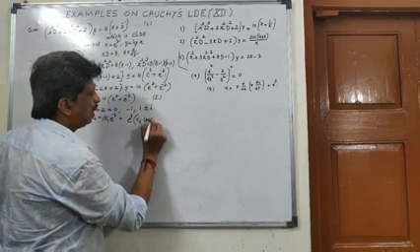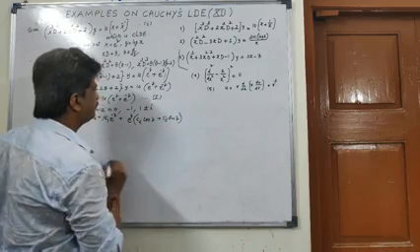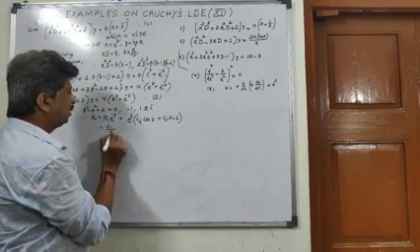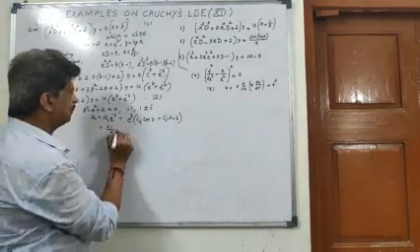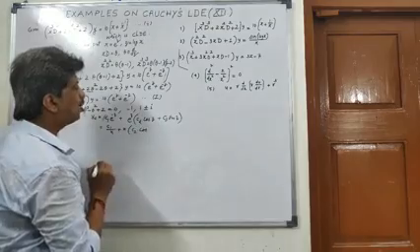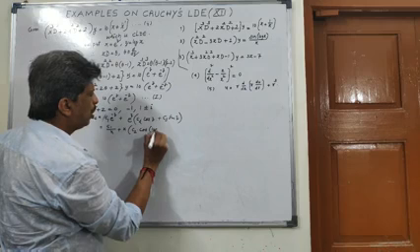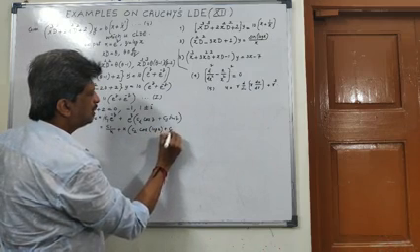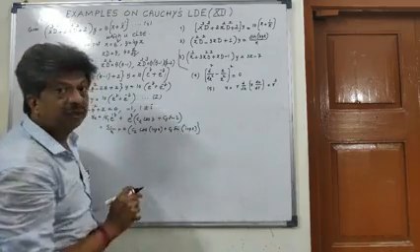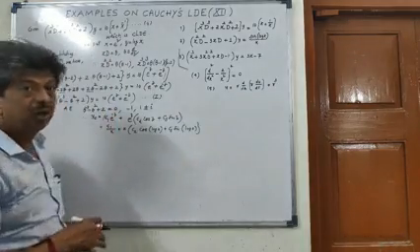That is further equal to C1 by x, because e raised to power minus z is 1 by x, plus x into (C2 cos of log x plus C3 sin of log x), since z is log of x. That is the complementary function of the given Cauchy's linear differential equation.